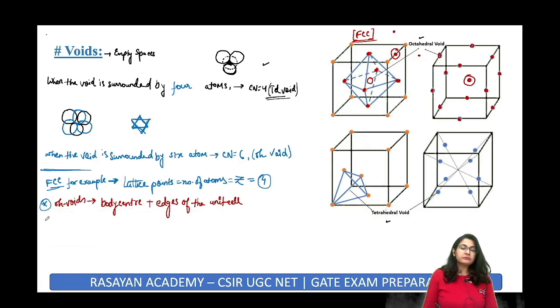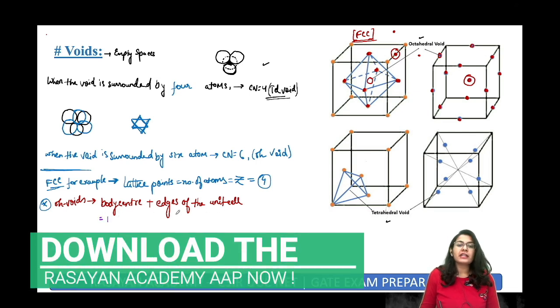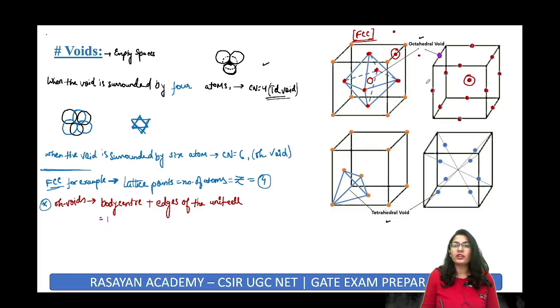अच्छा ठीक है, एक बार ये भी देख लो. बॉडी सेंटर तो एक एटम होता है पूरा. Edges of the unit cell कितना होता है? The atom which is present on the edge is going to be divided into 1/4 because it is going to be surrounded by 4 different cells. One over here, then over here, then one more, 4. So कितना होना चाहिए? There are 12 edges. All right. So 12 multiplied by 1/4.